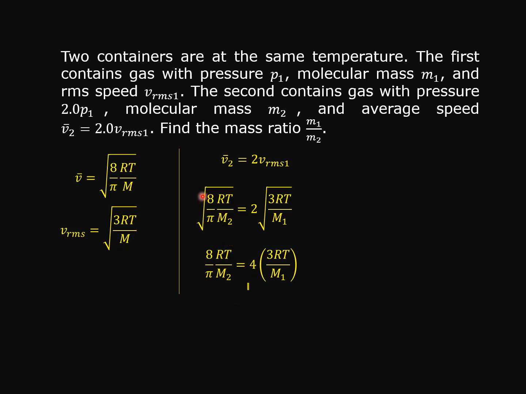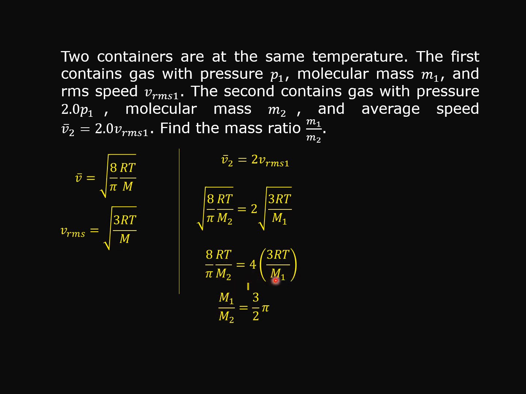To cancel the square root sign, we square both sides of the equality sign. That's why in the third line we have the 4 here, due to the square. We cancel the RT and the RT and take M1 over M2 as the subject.